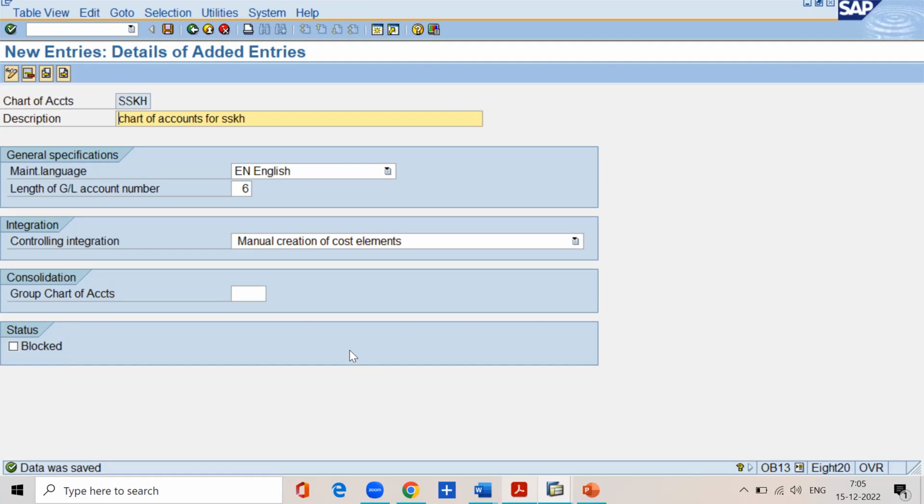Number one, manual creation of cost elements.